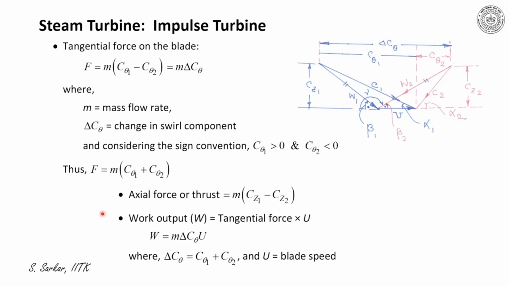Now, work output W can be expressed as tangential force into blade speed. So W is equal to M into delta C theta into U, where delta C theta is equal to C theta 1 plus C theta 2 and U being the blade speed.